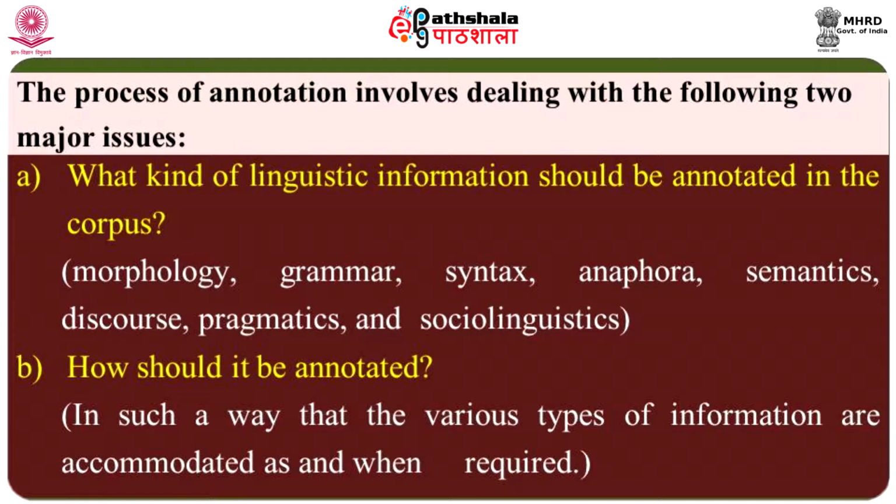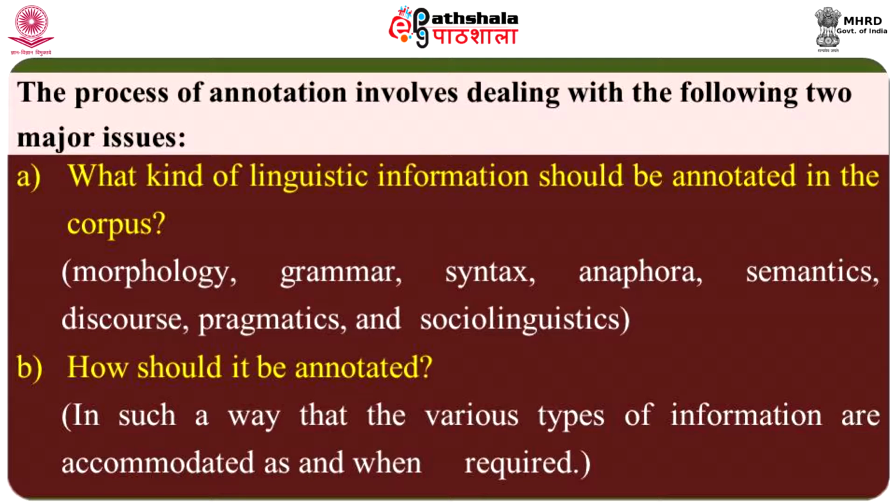The process of annotation involves dealing with two major issues. First, the kind of linguistic information that has to be annotated in the text, that is, the various levels of linguistic analysis such as morphology, syntax, semantics, sociolinguistics, etc. The second major issue is the method, the way in which the text has to be annotated.